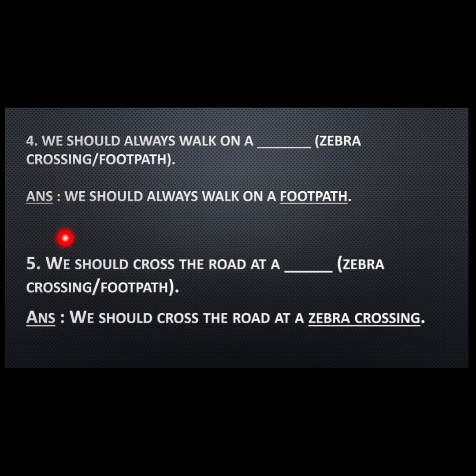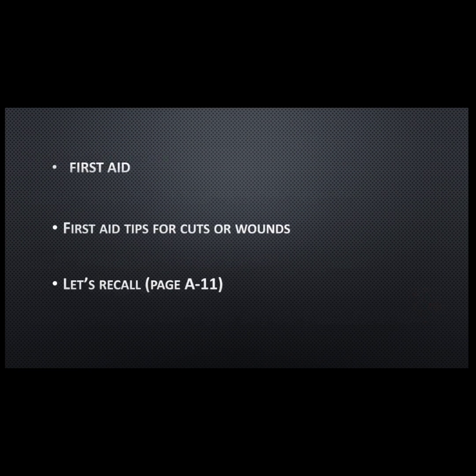And the fifth question is, we should cross the road at a dash. Options are zebra crossing and footpath. Zebra crossing is the correct one, so we should cross the road at a zebra crossing. So this is the last question from the Let's Recall part.